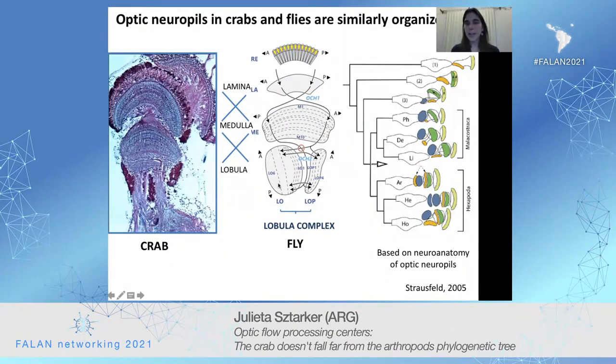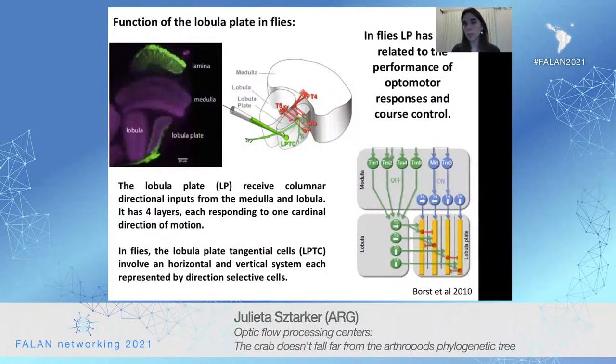In the fly, the third optic neuropile, the lobular complex, contains not only a lobula, but also a lobular plate that has been extensively studied, in particular because of its role in optic flow analysis and in commanding optomotor responses.